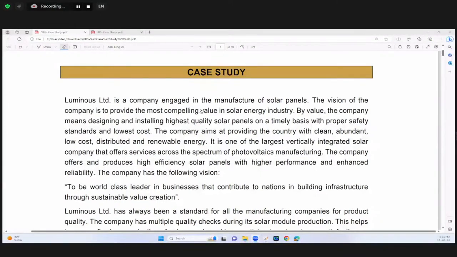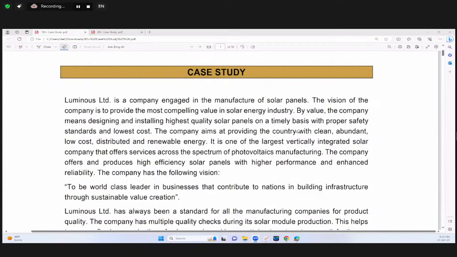So this is Luminous Limited, a company engaged in the manufacture of solar panels. The vision of the company is to provide the most compelling value in the solar energy industry.